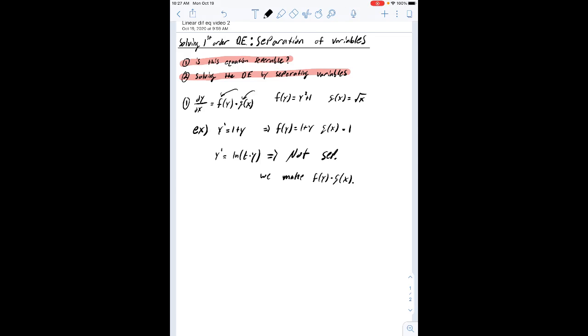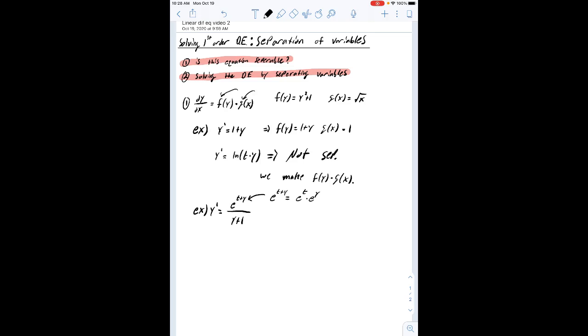Okay, so now for a third example, I'll be using y prime is equal to e to the t plus y all over y plus 1. When we first look at this, it's a pretty complicated differential equation, but it actually is separable. And we can note that because we know that e to the t plus y is actually just equal to e to the t times e to the y, just by addition of power rules.